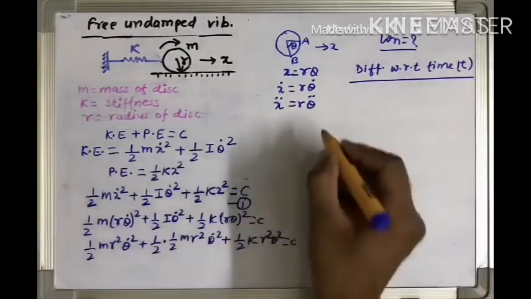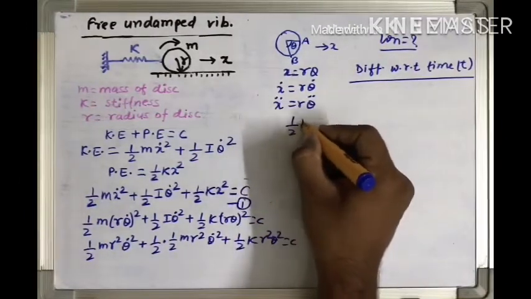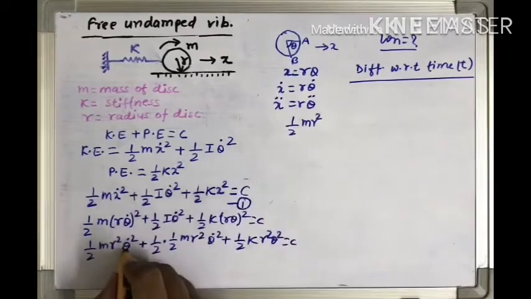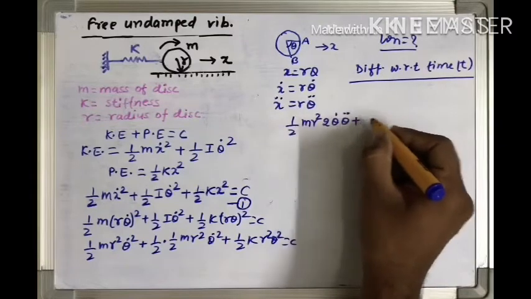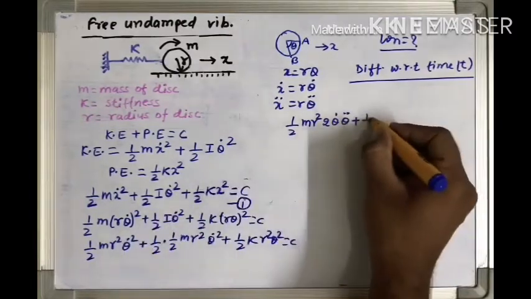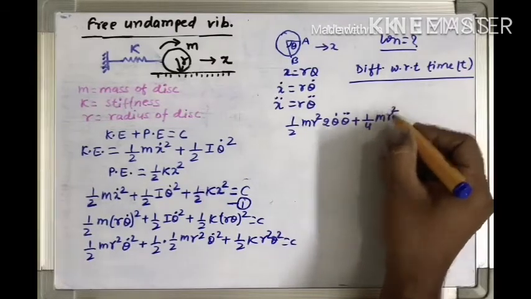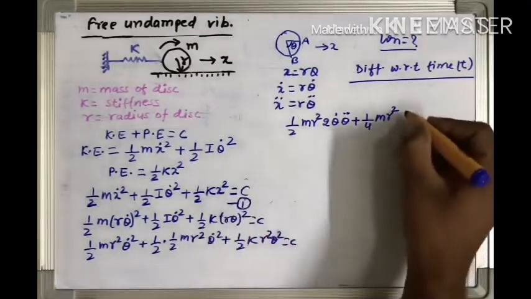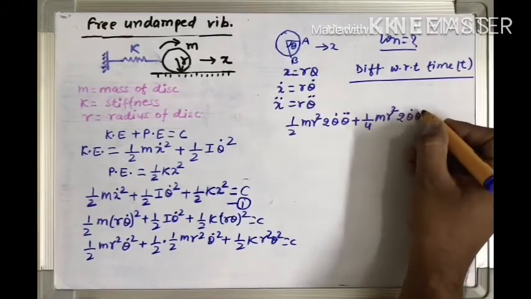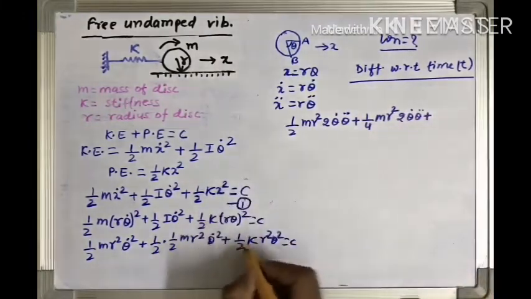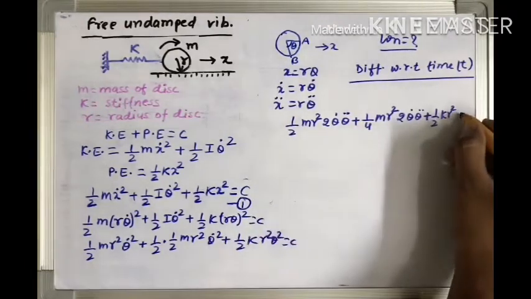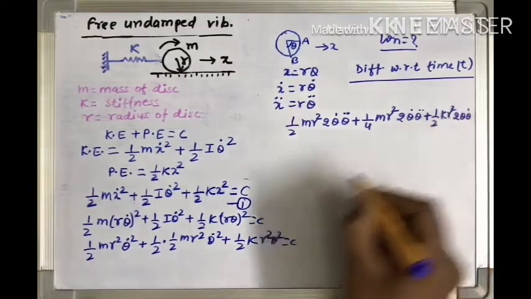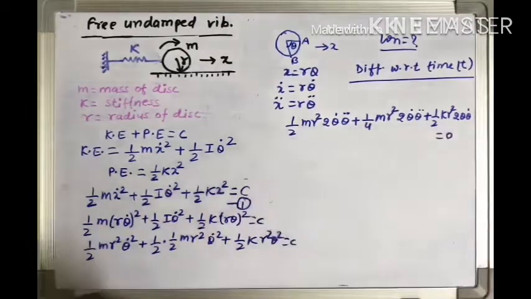We will get 1 by 2 m r square, since it is constant, and the differentiation of theta dot square is 2 theta dot theta double dot, plus 1 by 2 into 1 by 2, it is 1 by 4, m r square, again the differentiation of theta dot square is 2 theta dot theta double dot, plus 1 by 2 k r square is constant, and the differentiation of theta square is 2 theta theta dot, and the differentiation of the constant is equal to 0.